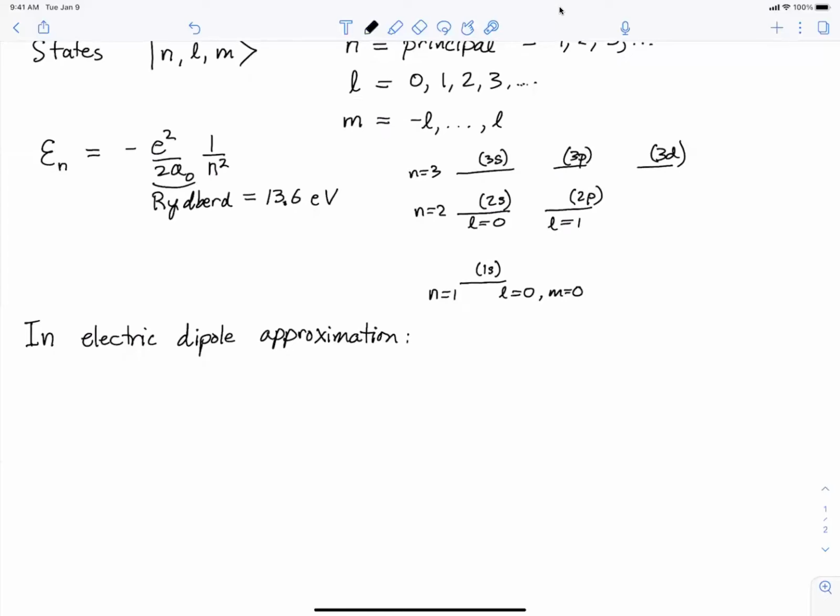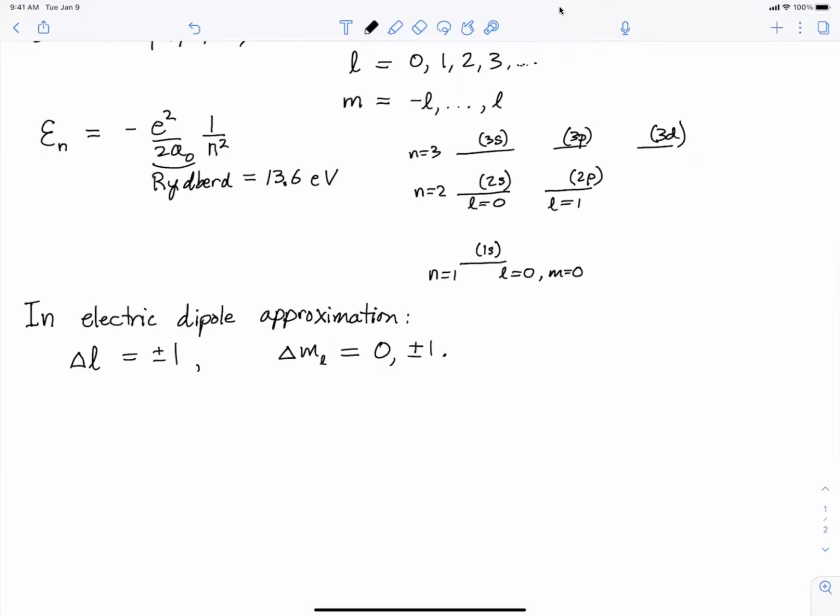So remember the electric dipole approximation selection rules are that the angular momentum has to change by plus or minus 1 unit in the transition. And delta m, I'm putting a subscript L there to distinguish it from spin, which will actually play no role in this discussion at all. That can be 0 or plus or minus 1. And so somewhere in the notes is listed the electric dipole approximation selection rules and all the other selection rules.